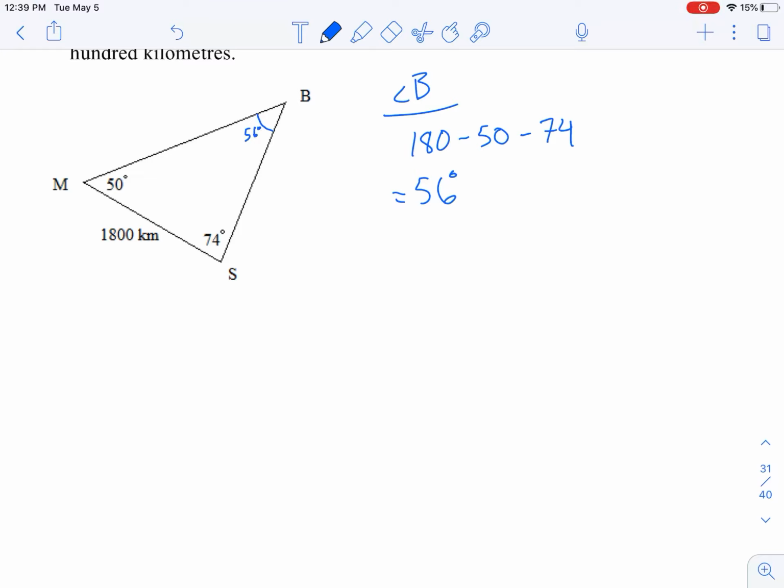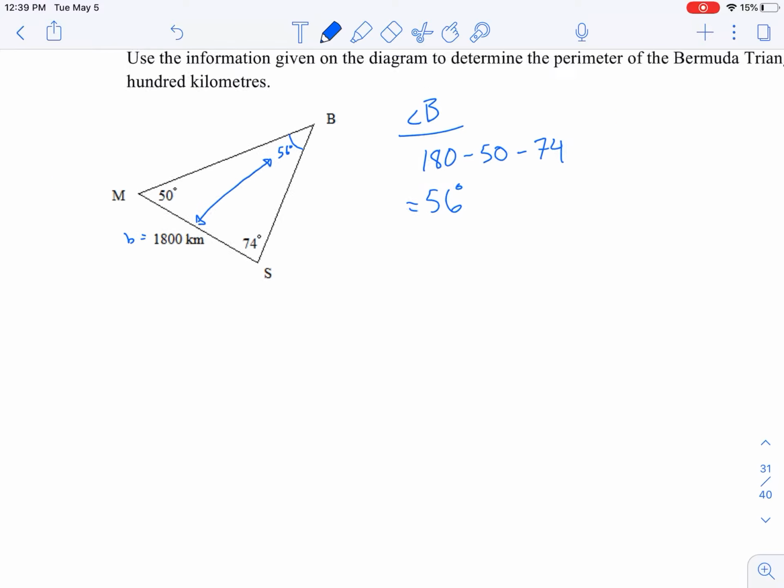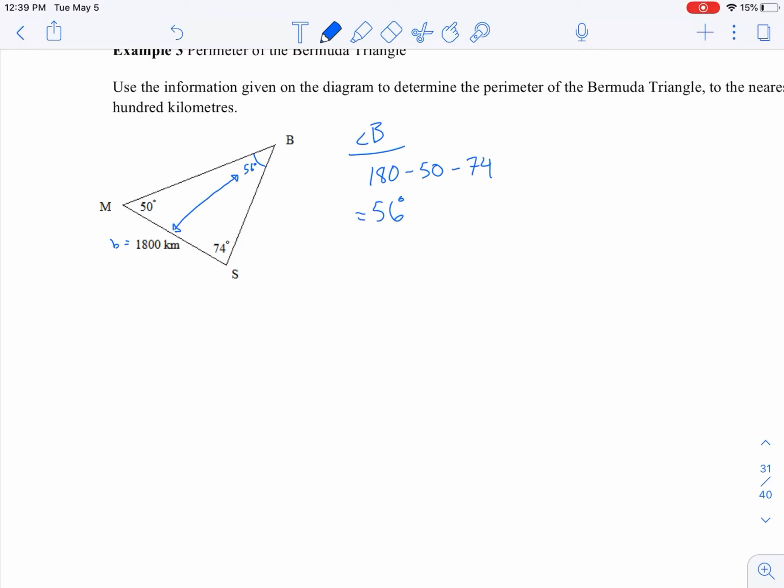And the whole reason we're doing that is now we can see we have one complete ratio. We know angle B, and let's call this side length b. So if we're to set up our ratio, we can say that our b and our angle B is our complete ratio. Then let's solve for another missing side. Let's solve for side length s across from 74.